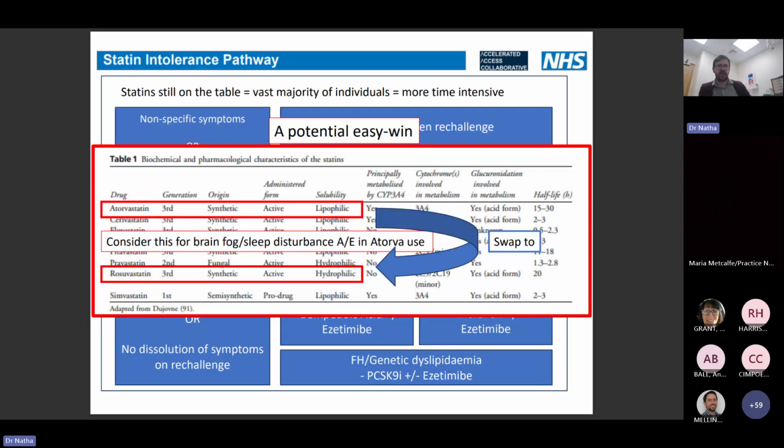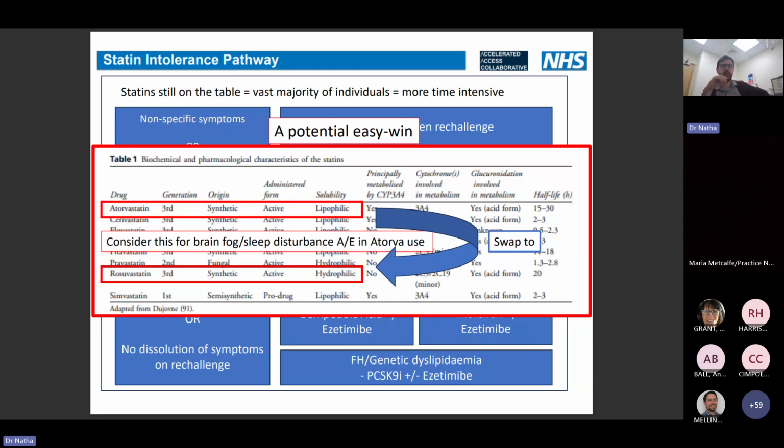Main thing I want to highlight, and sometimes an easy win, within the group of individuals who get statin intolerance: sometimes we hear people talk about brain fog, lack of concentration, or sleep disturbance as an adverse effect of atorvastatin. And a very easy win is if you directly swap them to rosuvastatin.